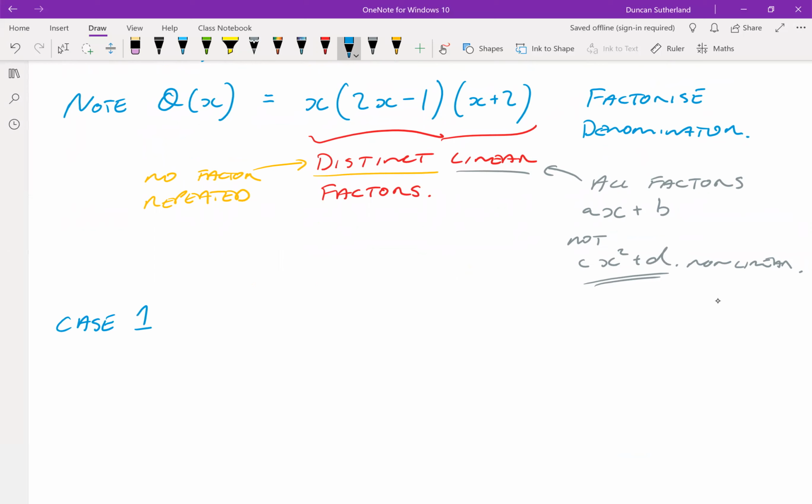And we write our factorization as some constant over the first factor of Q. So this is the factors of Q. Just to make that clear.